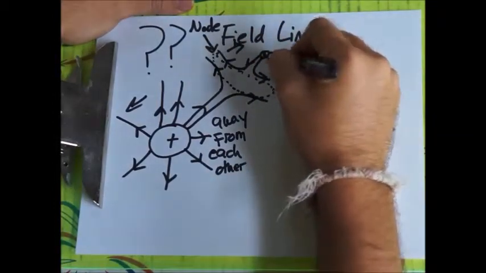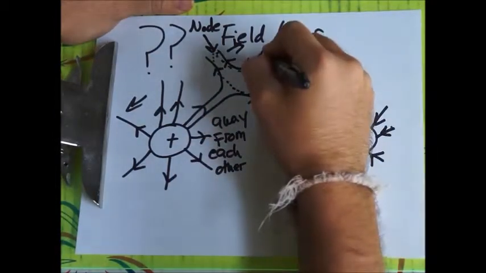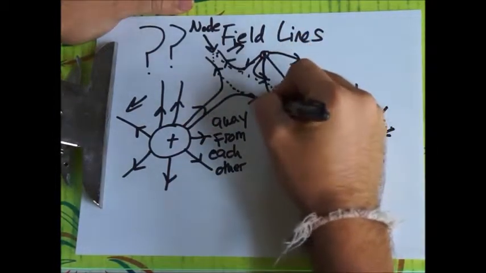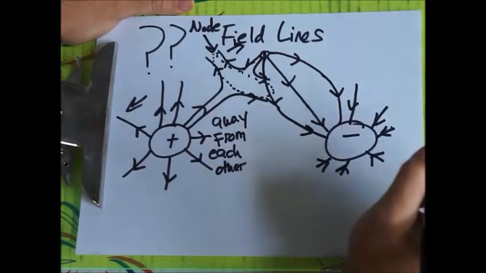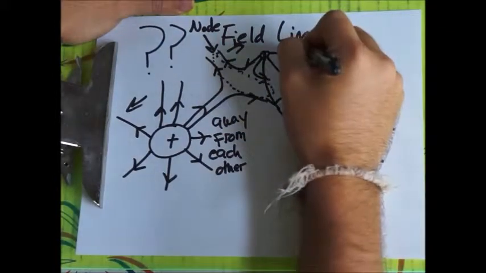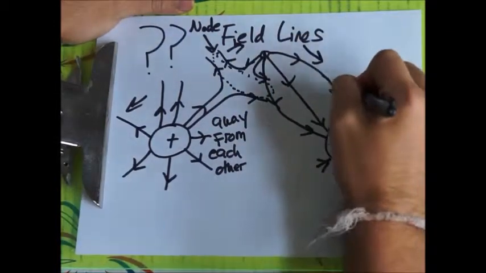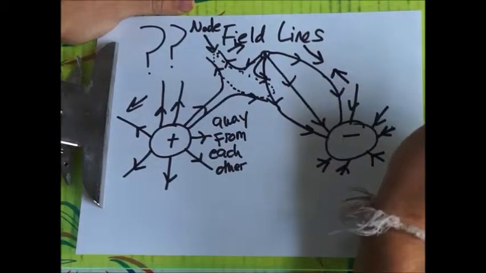Now take that positive test charge and move it near to a negative point charge. What you'll see is that that positive test charge is attracted to the negatively charged point charge. In other words, there's an attractive force between the positive test charge and the negatively charged point charge.